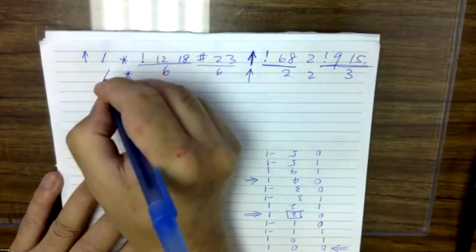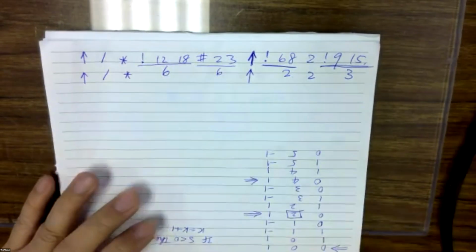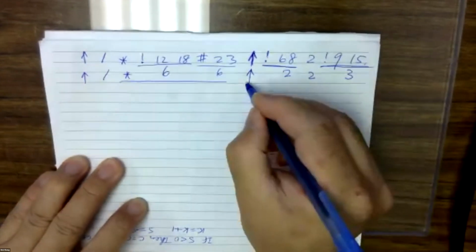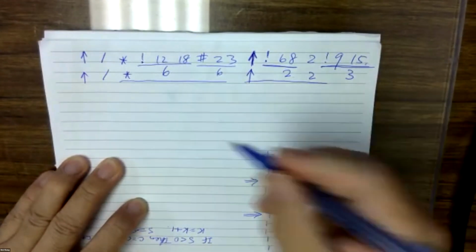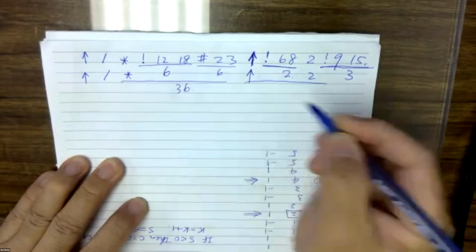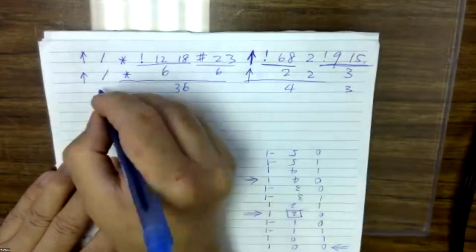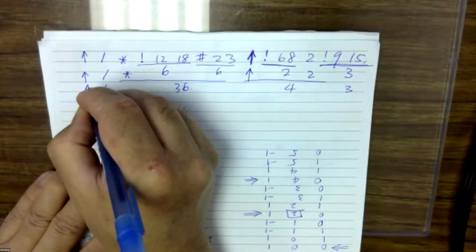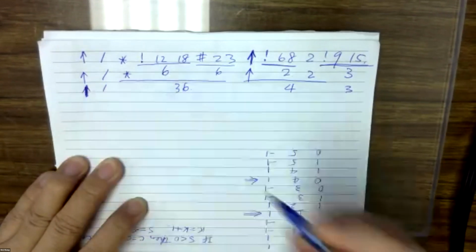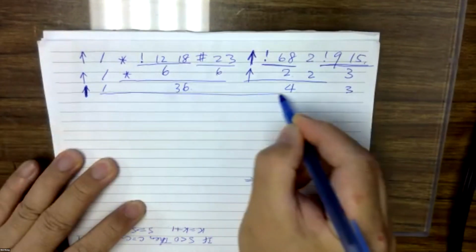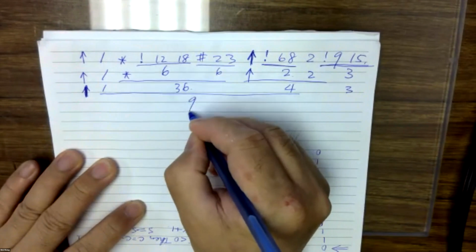Now we can see what we can do here. So this is 36, and this is 4, and this is 3, and divide, and exponential. What we can do next would be 9.